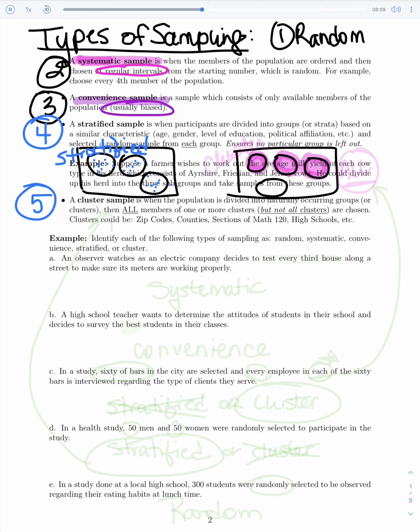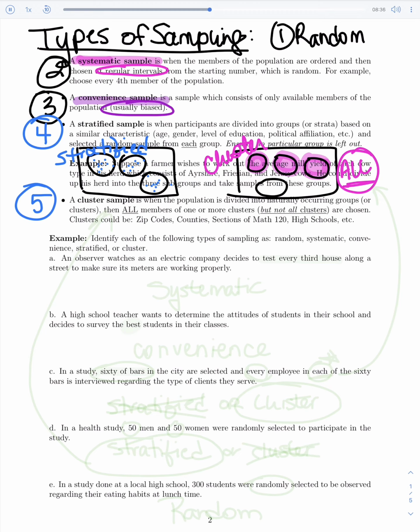So you take some of the groups and you do everybody in those groups. So again, stratified is you have a bunch of groups and you take some from each of the groups. Cluster, you have a bunch of groups, you select some of the groups and then you take everyone in those groups.